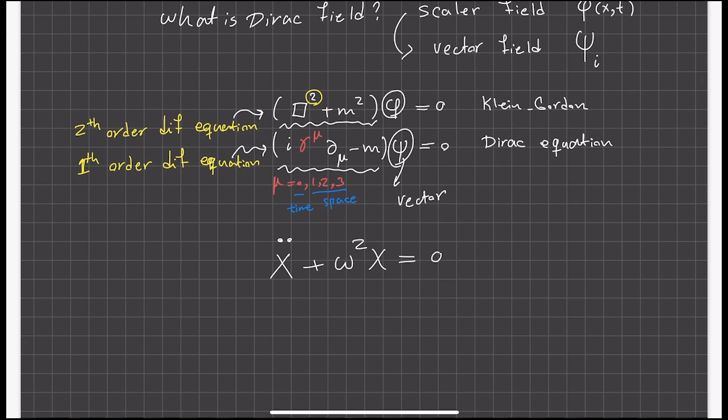That's how probably people were thinking about Klein-Gordon equation sooner than Dirac coming up with his equation, which was first order. So it was really natural to think about a second order differential equation because it's more similar to simple harmonic oscillator. But we're going to show that this first order definition of the Dirac field has some benefits that make it in particular good to explain the behavior of fermions.